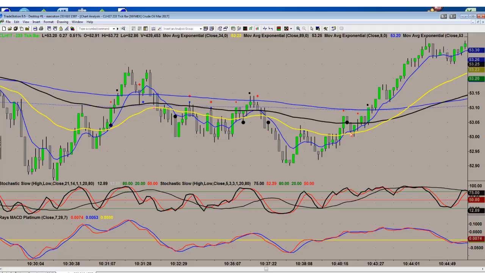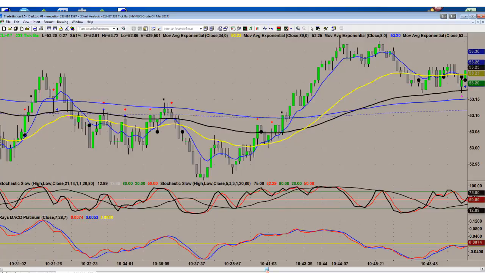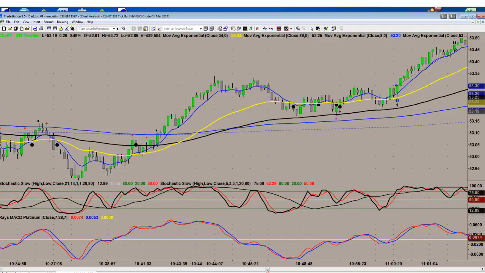Once prices have run a long ways, you're now seeing finally a correction occur. But look where these T20s occur. Are they above or below the 89? They're above.